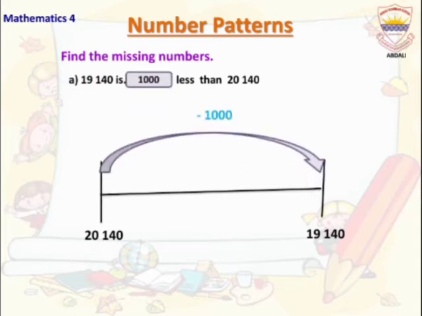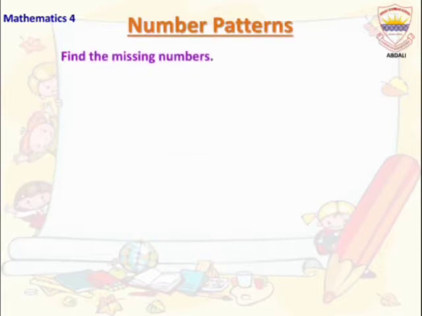Yes, we subtract 1,000 from 20,140, and we get 19,140. Students, when we compare these two numbers, we subtract 1,000 from 20,140. Now students, let's start to solve our second question, that is find the missing number.